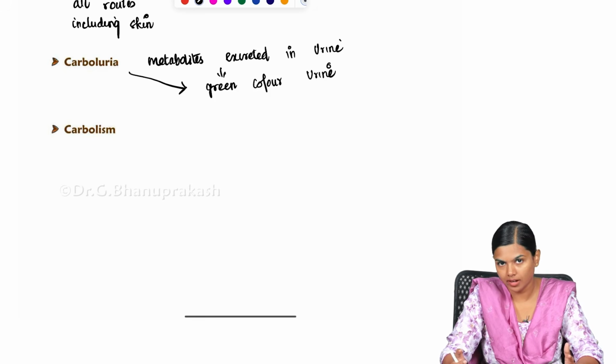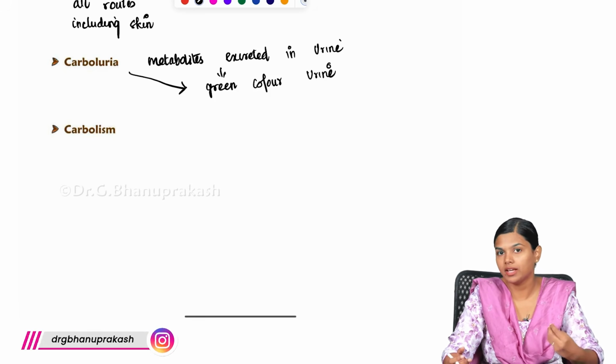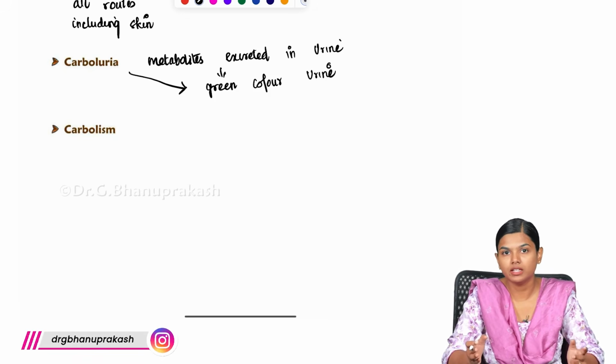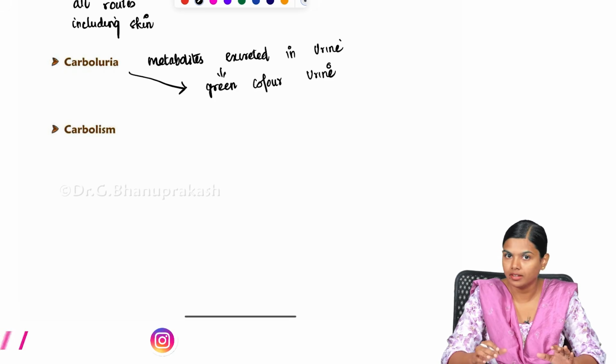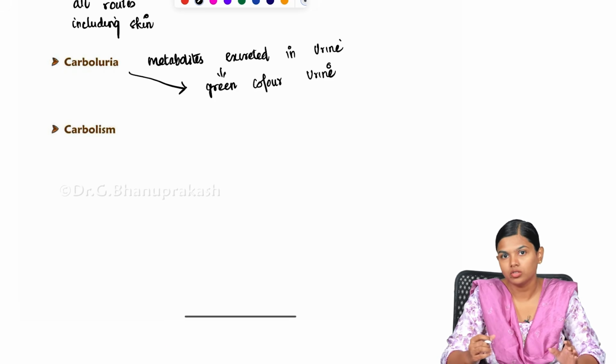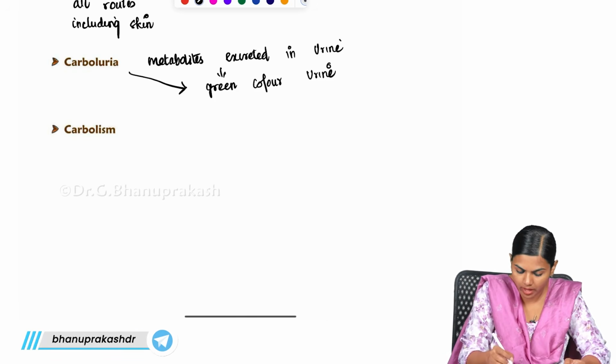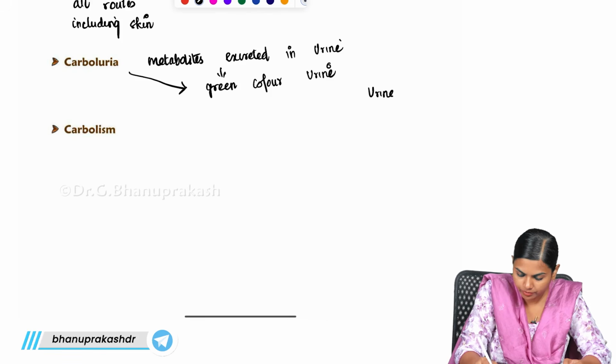So, how does this green color happen? Whenever carbolic acid is ingested, it will be cleaved into its metabolites in the liver, that is pyrocatechol and hydroquinone, and these get added to the urine. So this is excreted via urine.